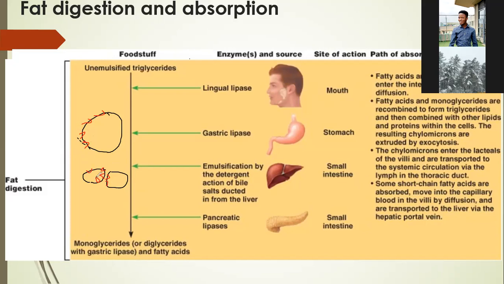Again, if you shake this, you end up having smaller droplets. So now you have these smaller droplets, whether it is oil or fat chunks. Again, because of that detergent, remember it is sitting on the surface. Again, you end up having this detergent coming here.